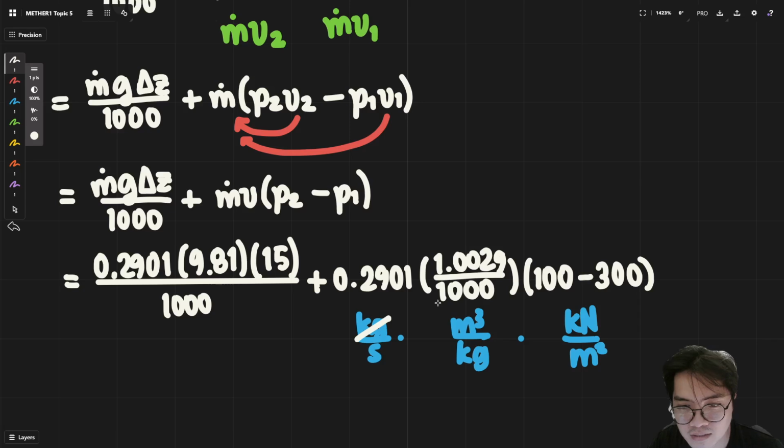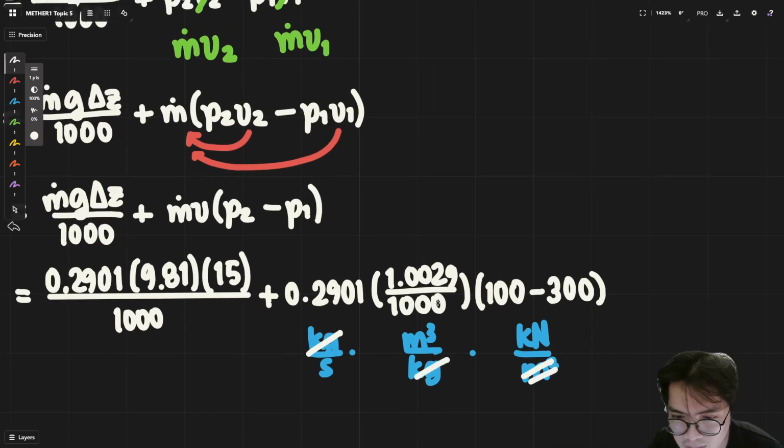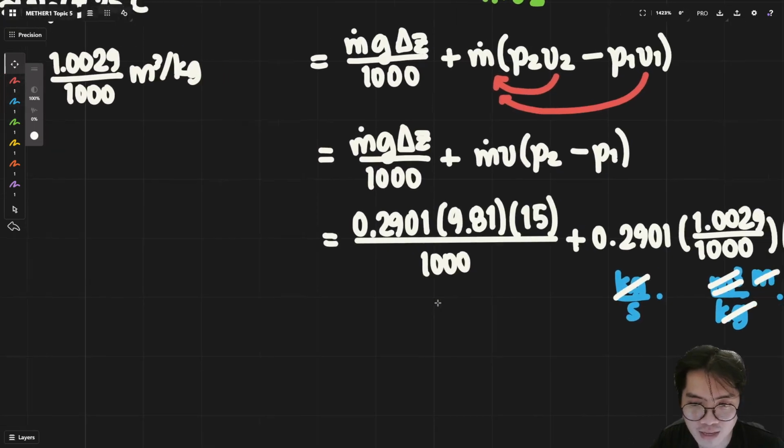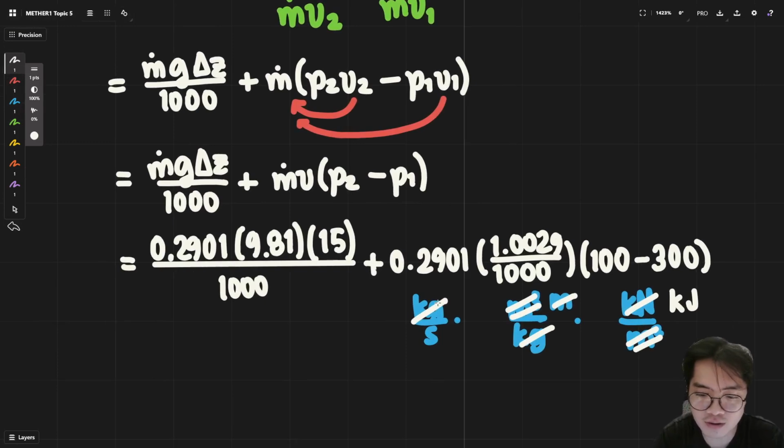So we can cancel, and then cancel. You'll have an extra meter in here. Kilonewton meter is a kilojoule, and then a kilojoule per second is a kilowatt. Everything in here is a kilowatt. And so we can put everything together.